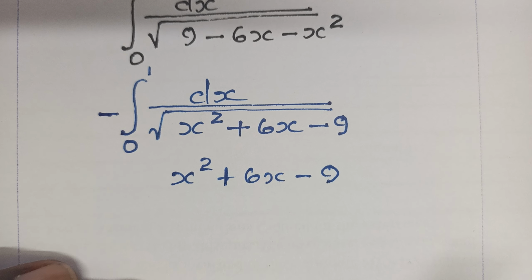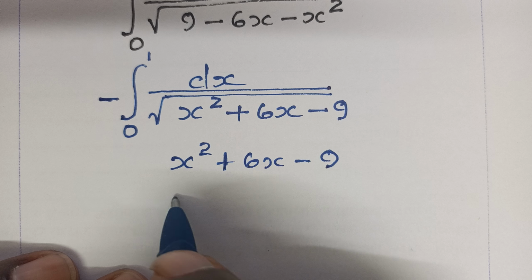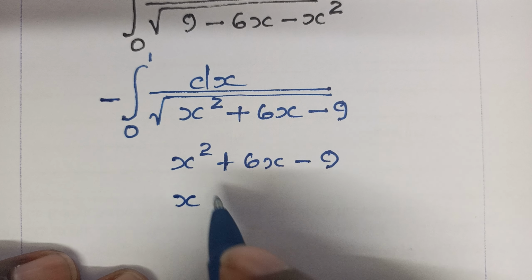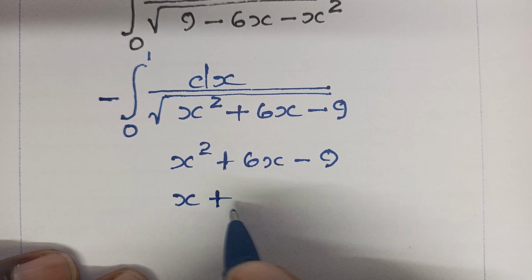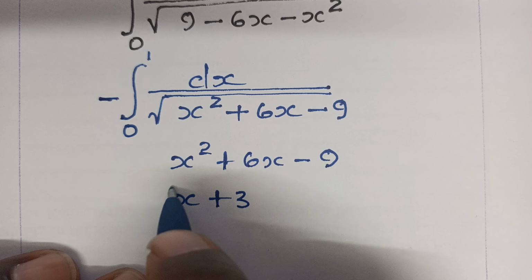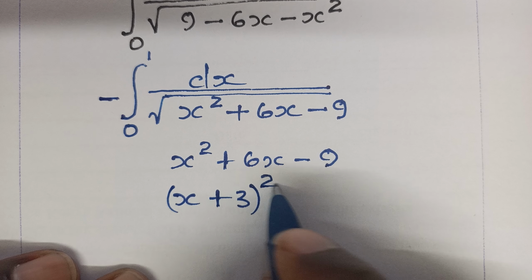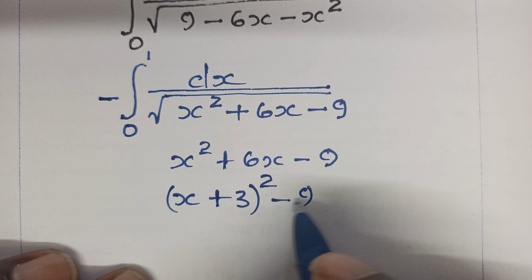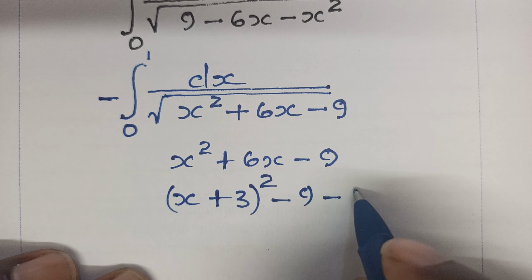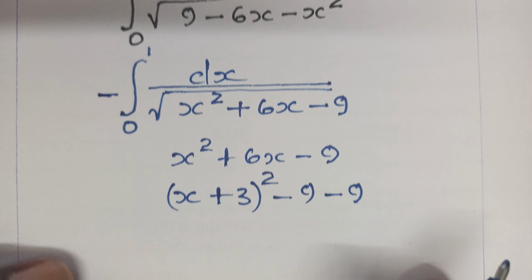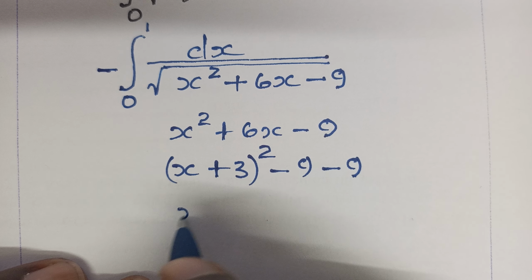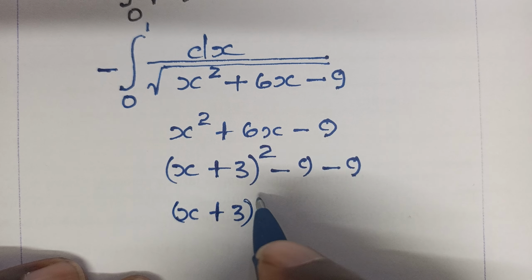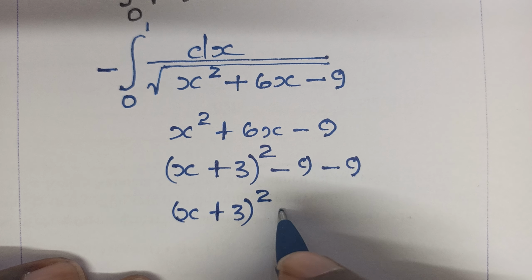To complete the square, we write x plus half of 6, that is 3, squared, minus the square of this, that comes to 9, and then minus 9 once again. And therefore, guys, we shall have x plus 3 squared, now minus 18.